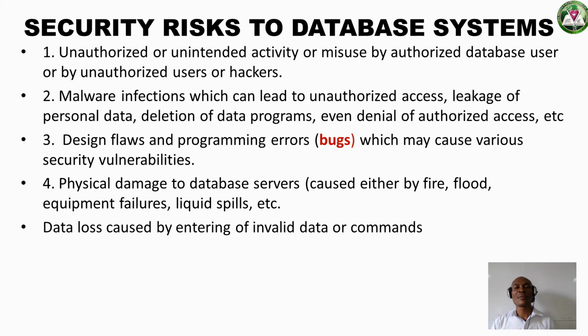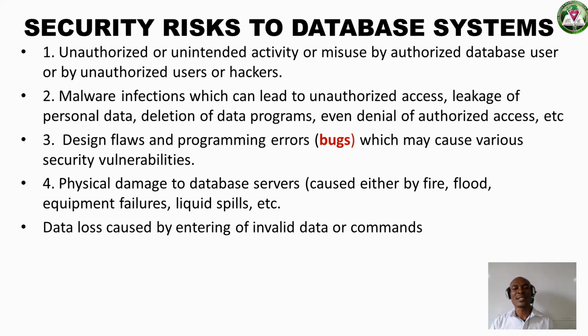Number 4, physical damage to database servers. Physical damage here could be caused by fire, it could be caused by flood, or even thieves that will vandalize systems, it could be caused by equipment failures, it could be caused by liquid spills, etc. Anything that will damage the computer system or the database is a physical damage to database server.